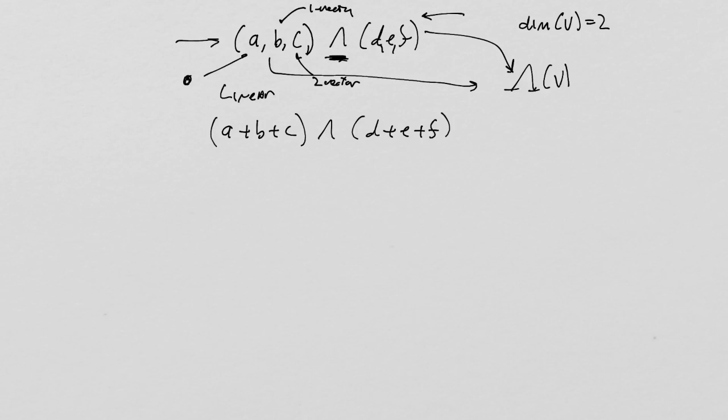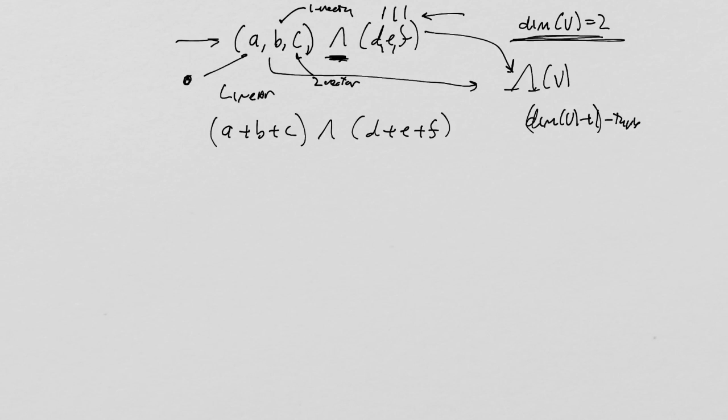And there are no 3 vectors because the dimension of the underlying space is 2. Likewise, 1 vector, 2 vector, 3 vector, and that's how these tuples are organized. Actually, I said dimension v tuple. It's actually a dimension v plus 1 tuple, right? Because you've got the 0 in there.